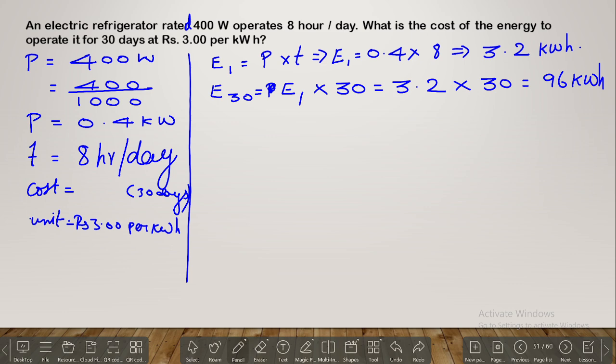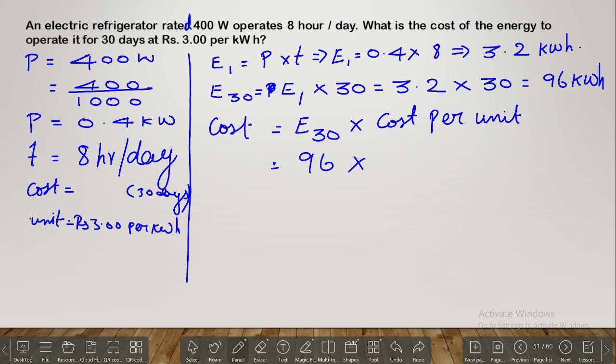Now we will calculate the cost. In order to calculate the cost, we are going to use the formula: the energy consumed by the refrigerator, that means the total energy, into cost per unit. What is the energy consumed by the refrigerator in 30 days? 96.